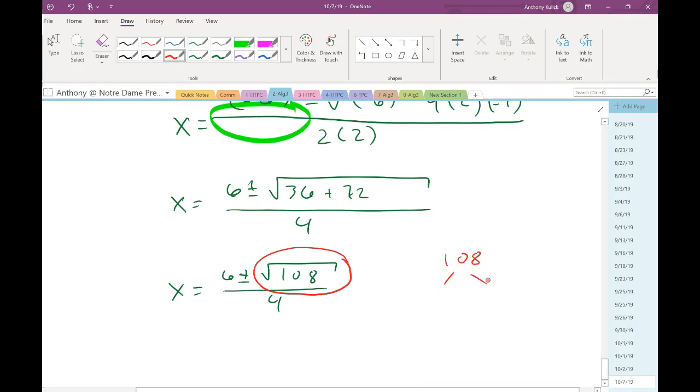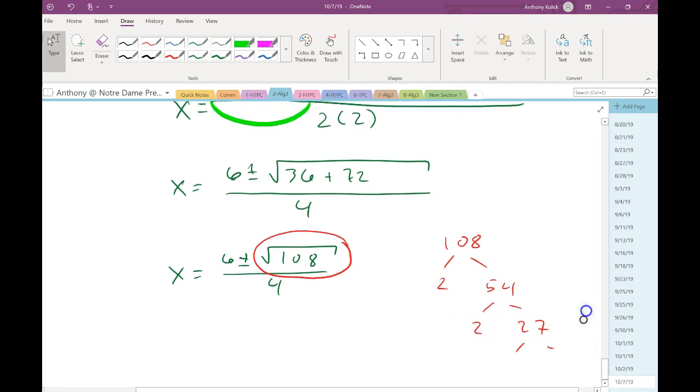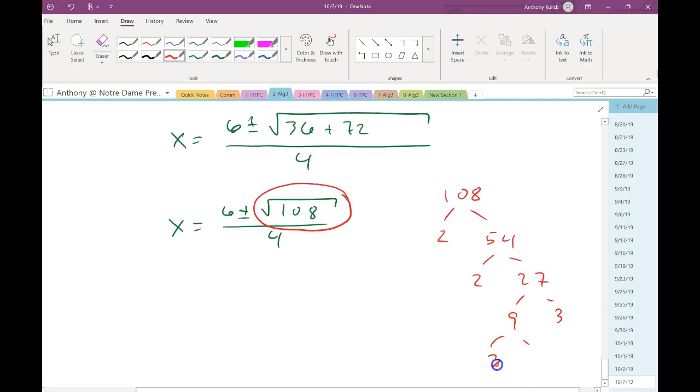So what I'm going to do is look at the prime factorization of 108. So that's 2 and 54. That's 2 and 27. That's 3 and 9. And that's 3 and 3. Everybody okay with that? You remember doing a prime factorization back in elementary or middle school, where you draw these little factor trees?